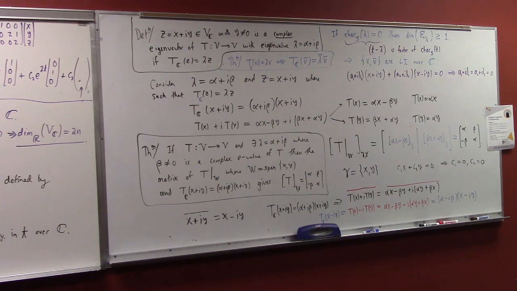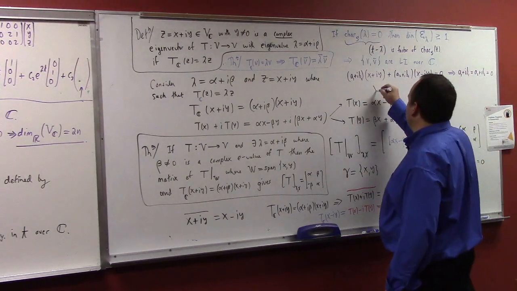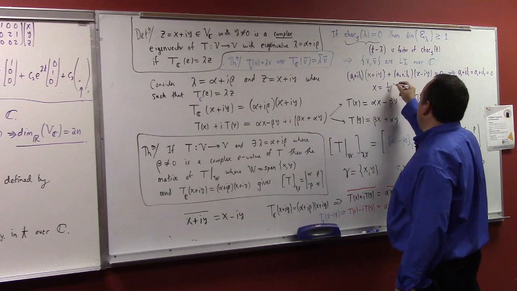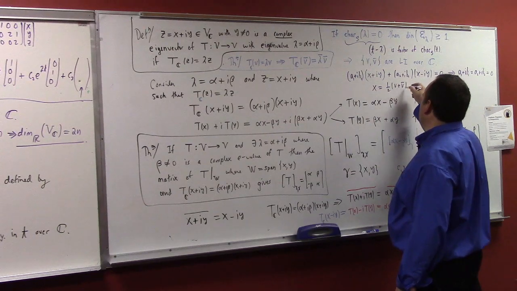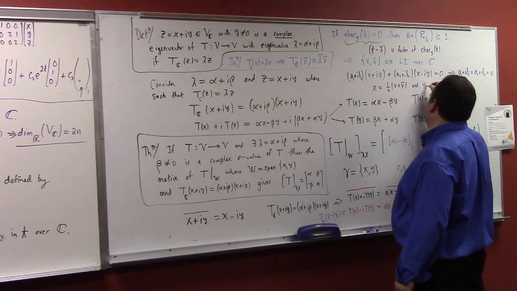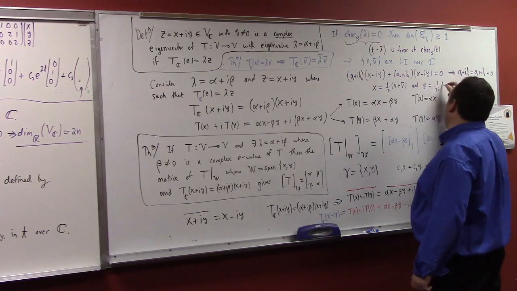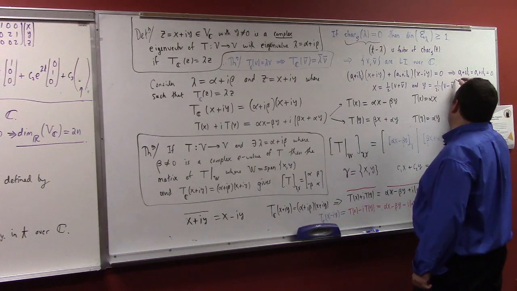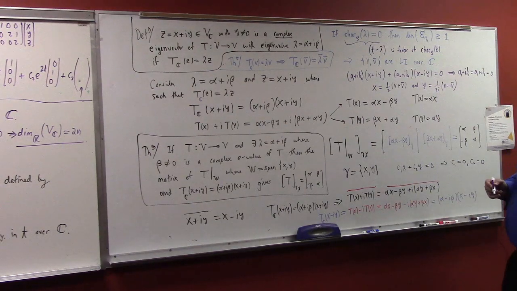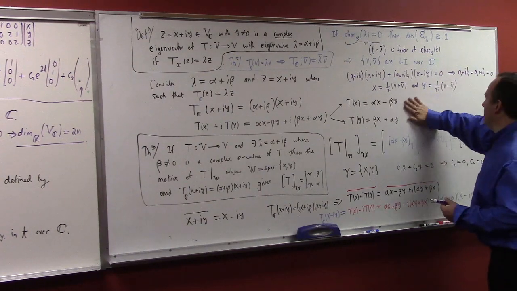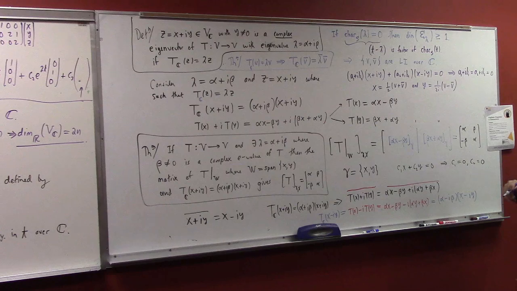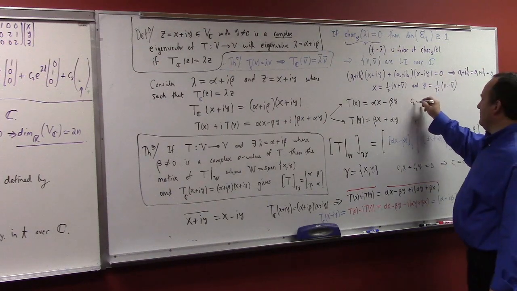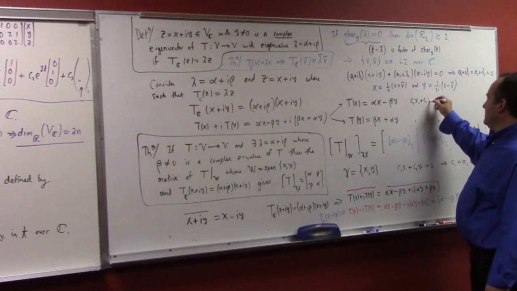Like, what is x, what is y? Like, x is equal to 1/2 of v plus v conjugate, and y is equal to 1/2i of v minus v conjugate. So if you look at that, if you have c1 x plus c2 y, what do you got?